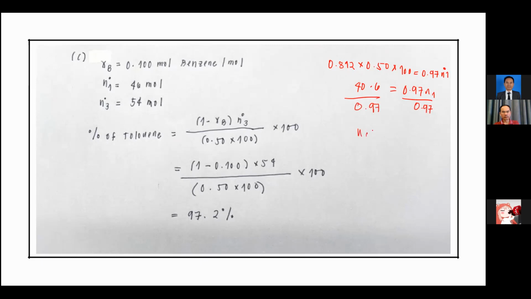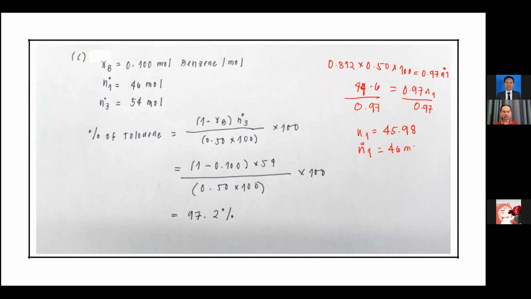So N1 is equal to 45.97, 46. Then we're going to round it up, so it will be 46.